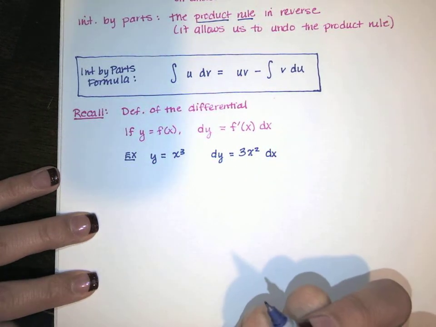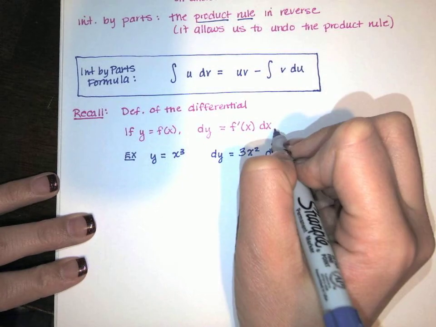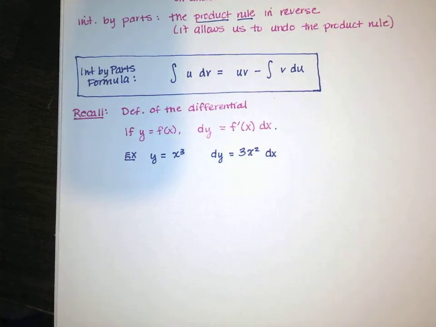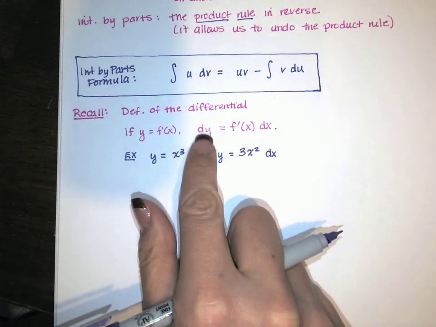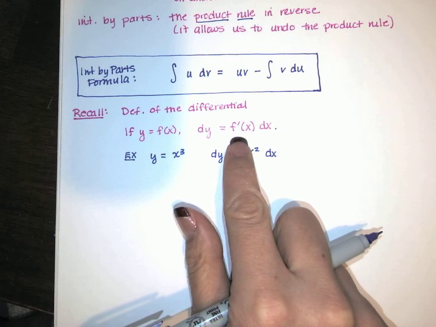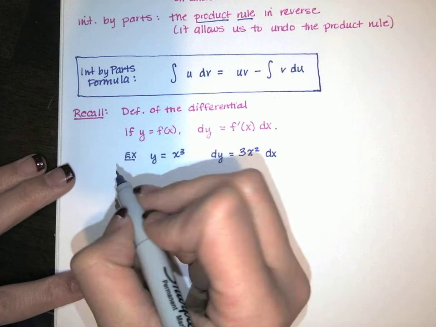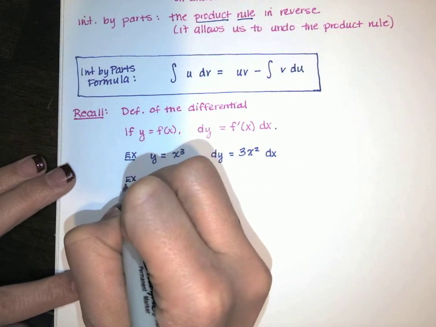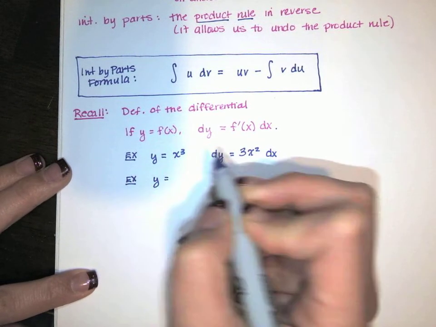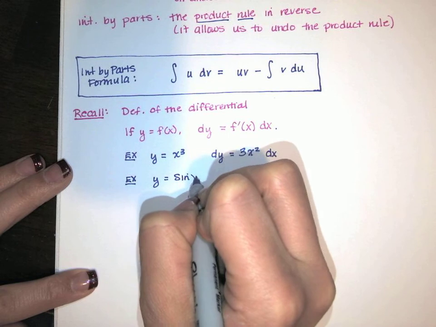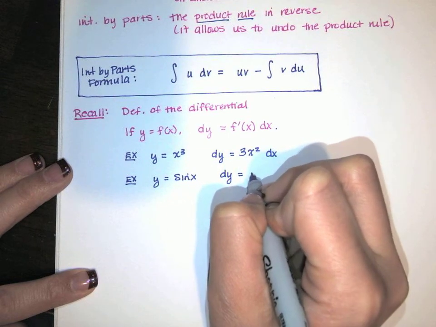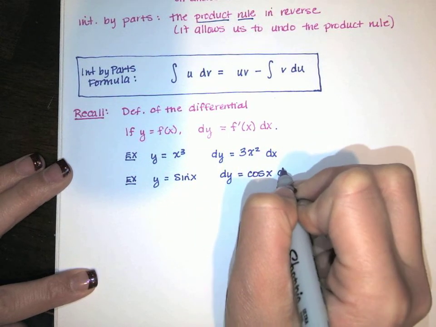That's the definition. We can think of this as a rearrangement of dy over dx equals f prime of x, but technically that's not exactly what it is. So we're just going to define it this way. So here's another simple example of a differential. If y equals sine of x, dy is cosine of x dx.